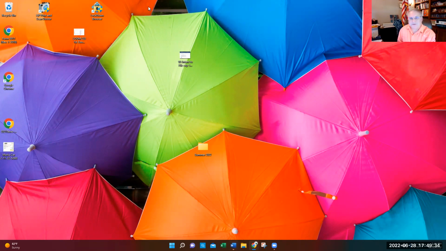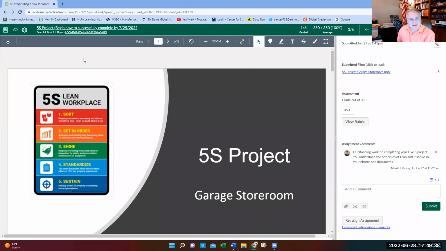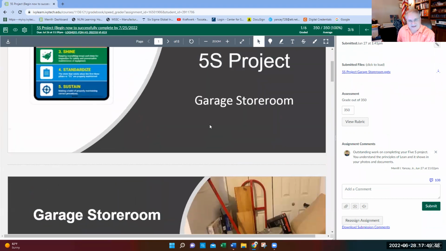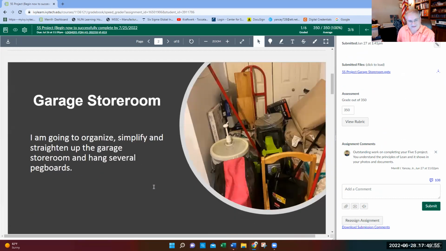All right. So here's what the first 5S project looks like that's come in. And it's on a garage storeroom. And you can see that he has identified the name of his project, and he put the 5 steps for the 5S.